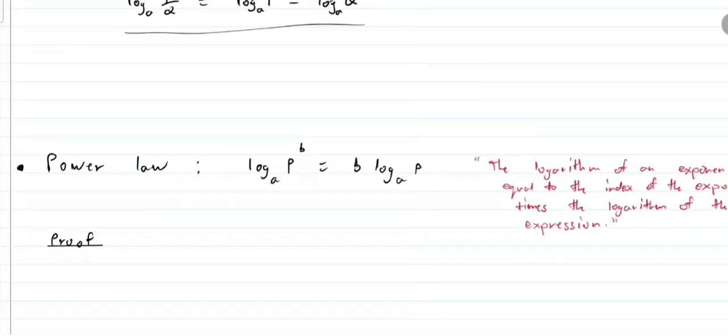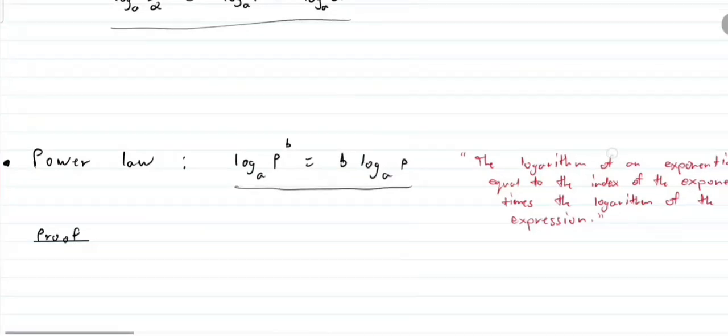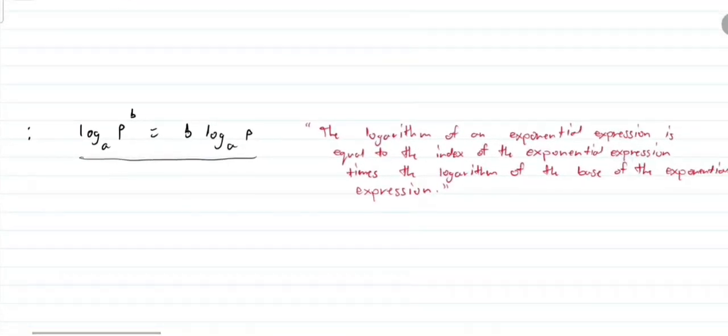Okay, on the power law now. Here I have written log base a of p raised to the power of b is equal to b times log base a of p. And in words, this is going to be a bit more complicated.